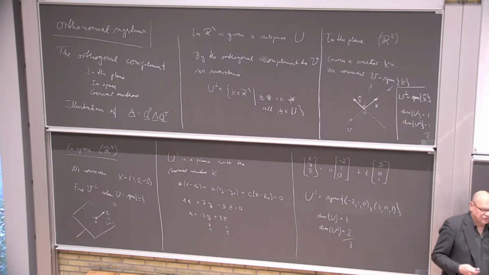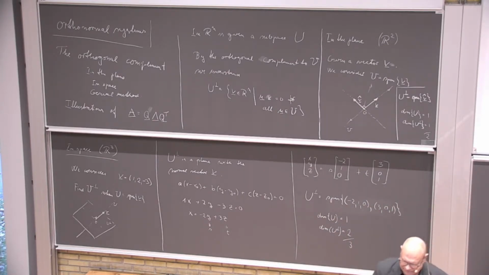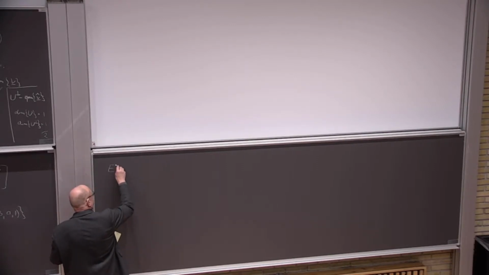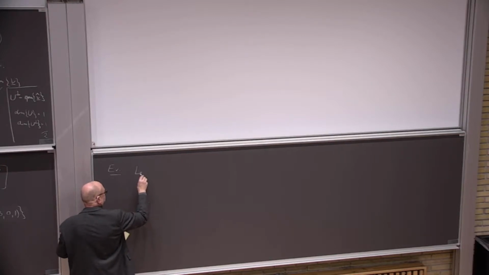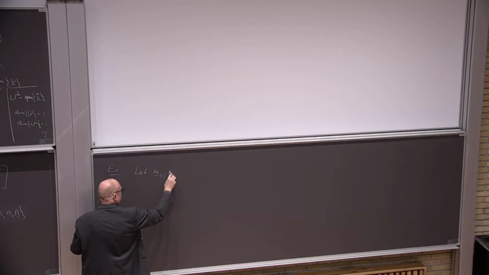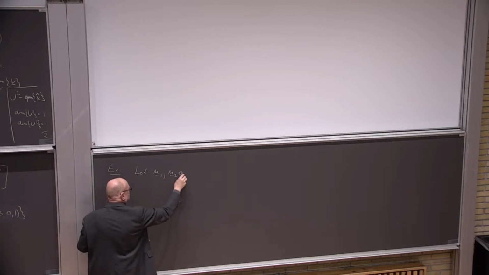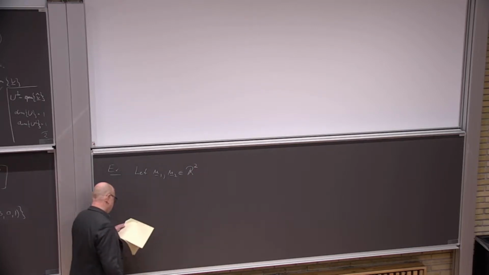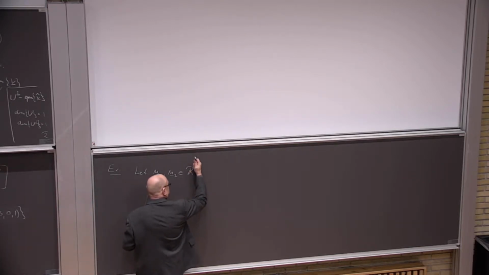Now, what if we start with a subspace that is spanned by two vectors? Now we have two vectors, u1 and u2 in R3, sorry. We are looking at R3.